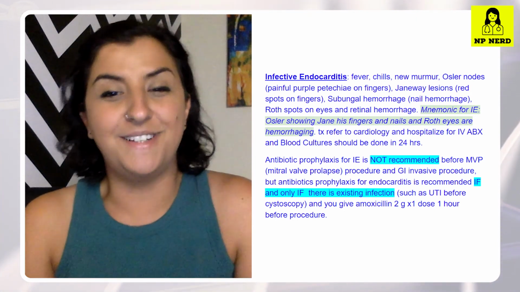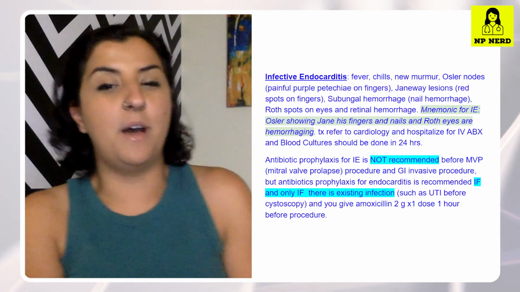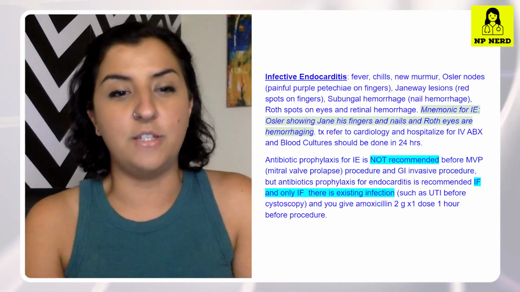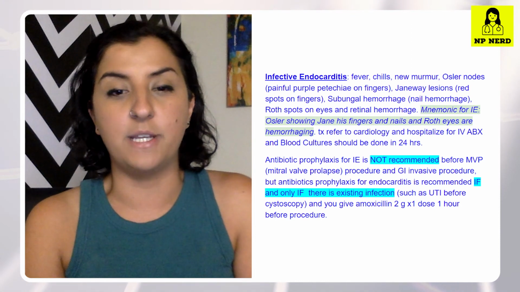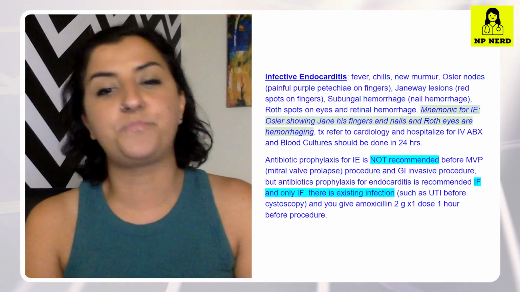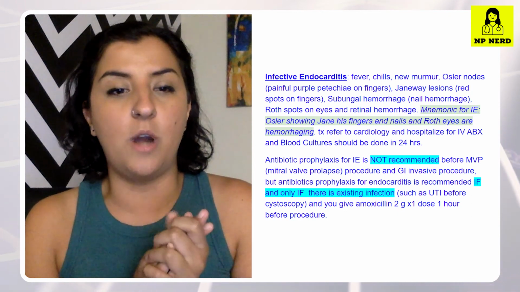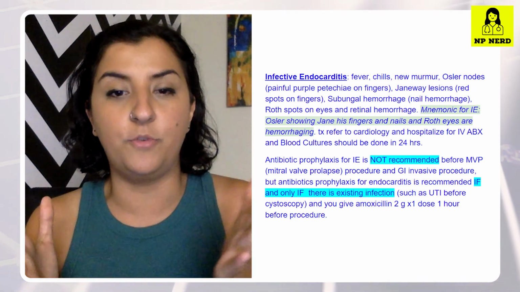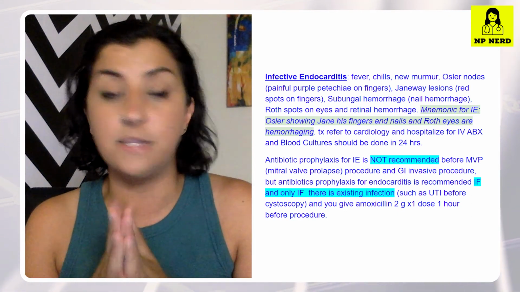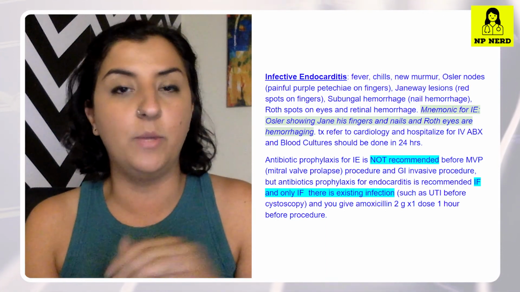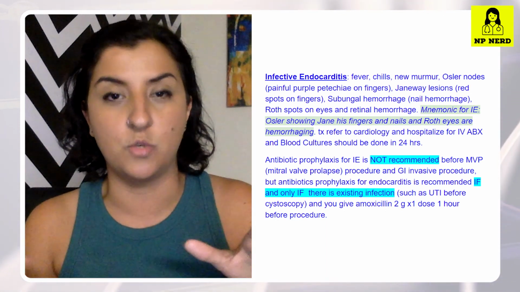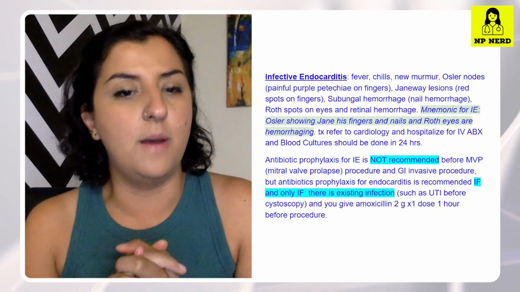Good luck. You treat them, you refer them to cardiology, and you hospitalize them for IV antibiotics and blood cultures within 24 hours. So the antibiotic for IE is not recommended before mitral valve prolapse. Not recommended, okay? They will ask this question. They love to ask this question. I don't know why.